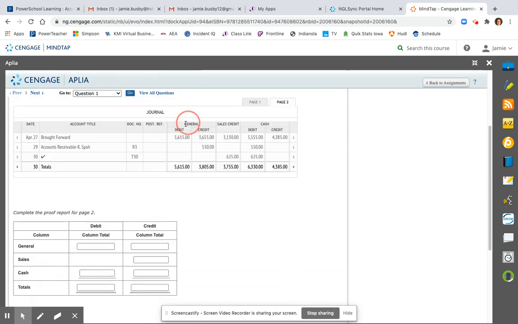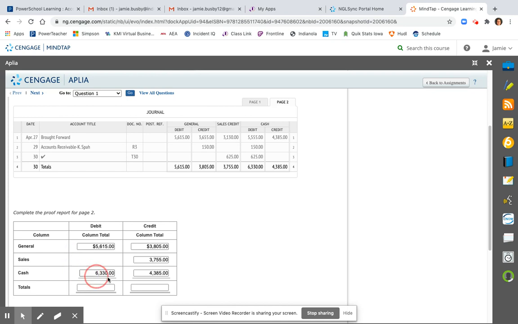So I'm going to take the information from right here, these totals, and put them down into our page 2 proof. So our general debit, $5,615. General credit, $3,805. Sales, $3,755. We have our two cash amounts, $6,330, $4,385.